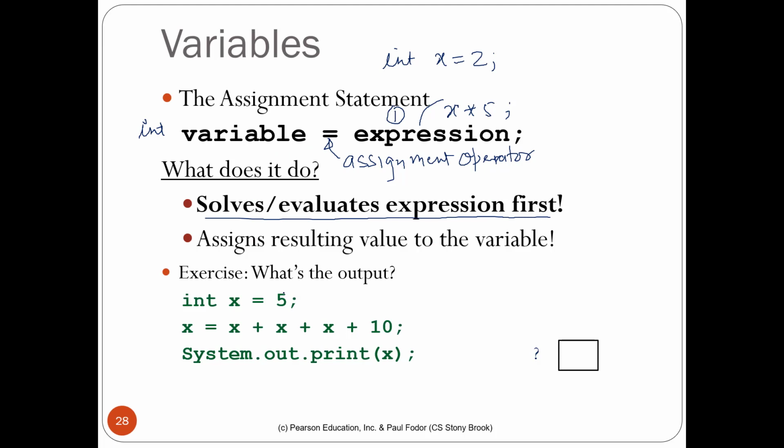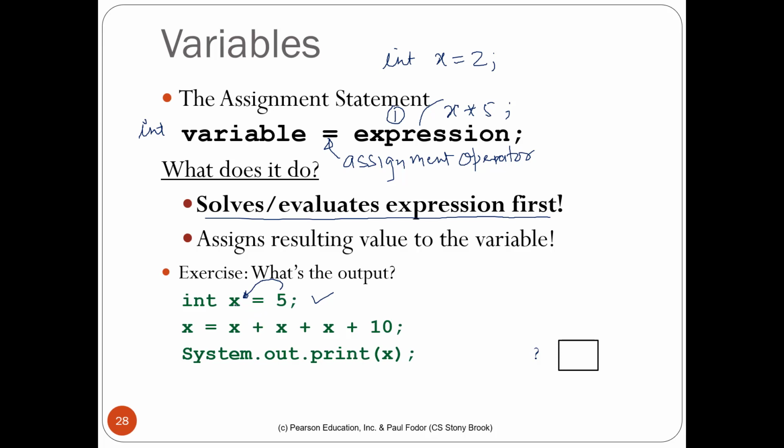Okay, so let's try it out on the example. Here the right hand side is a constant expression which is 5. We don't need to evaluate anything, so 5 would be assigned to x. We are done with the first assignment. How about the second one?